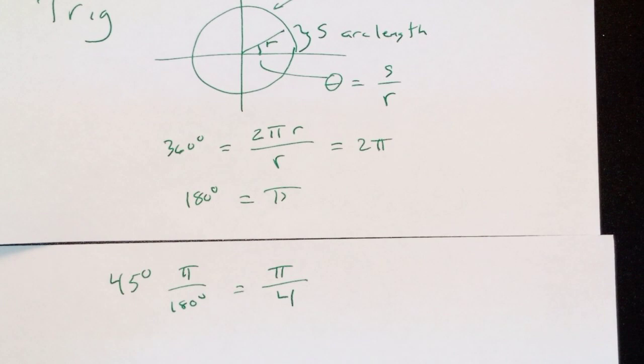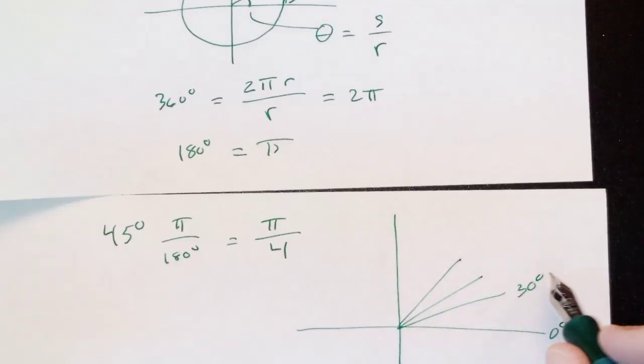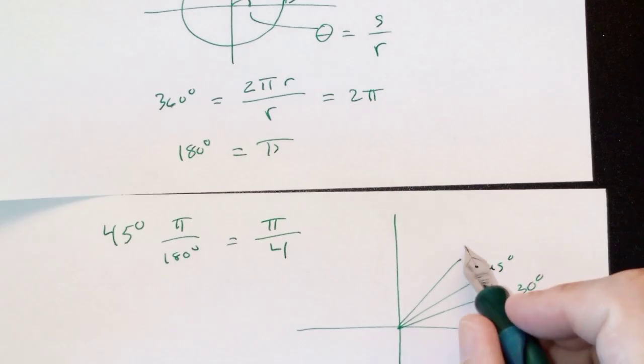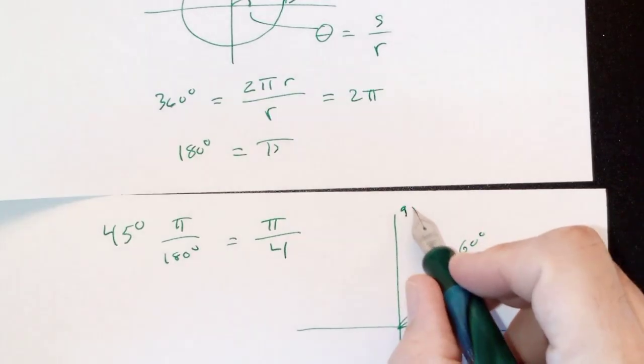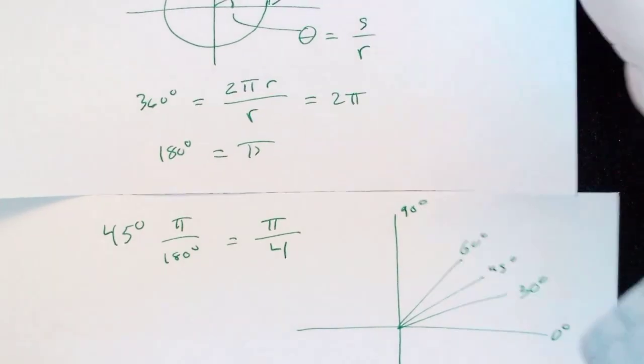We're going to use 5 angles most often. So I should know these in radians. I should know them cold in radians.